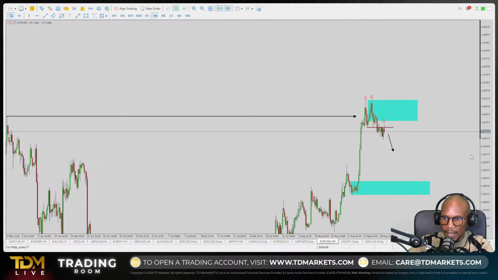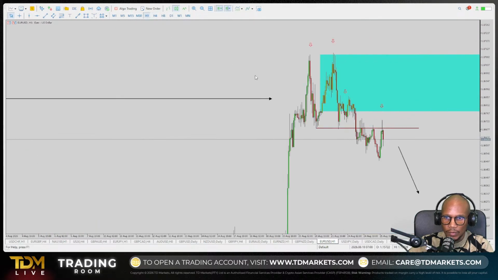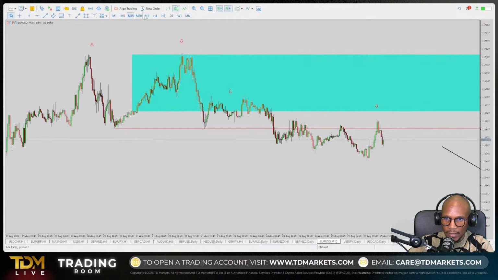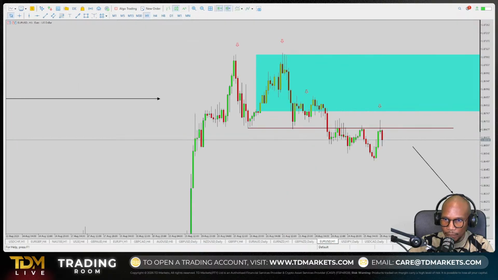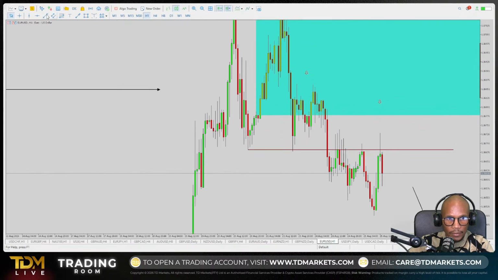So I'm going to go back to the 1 hour. So we have this high here. Price can still come back to tap this high again one more time before it drops.